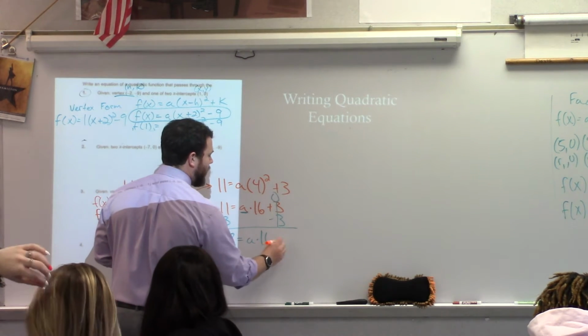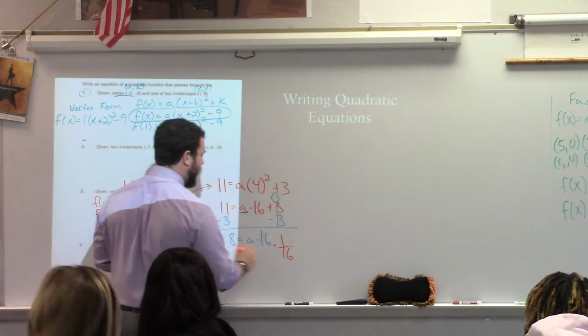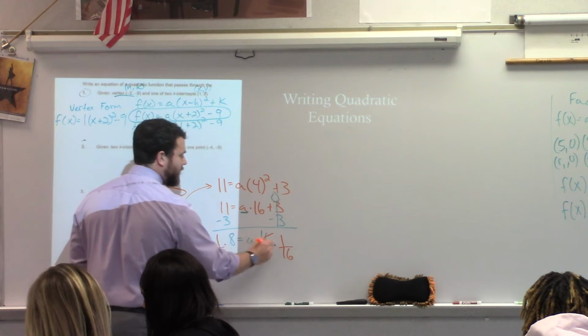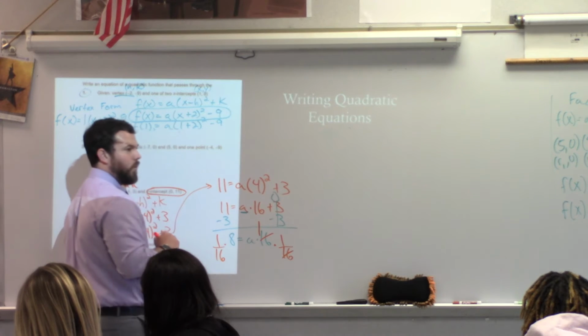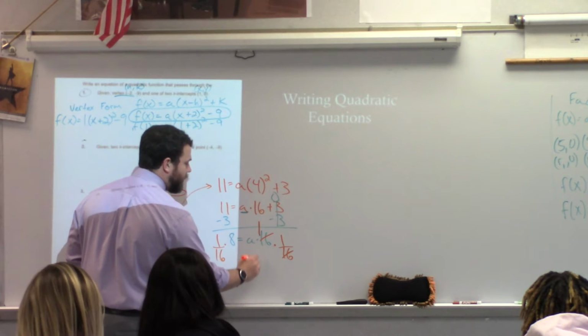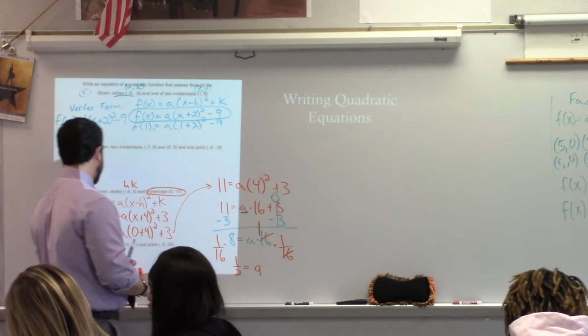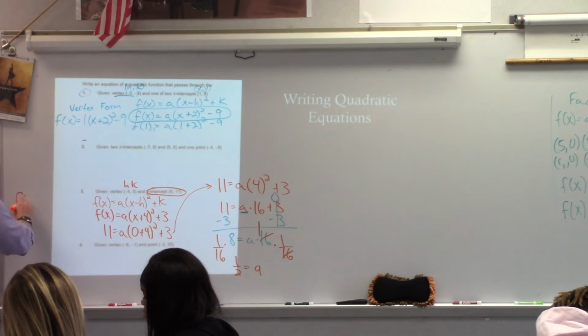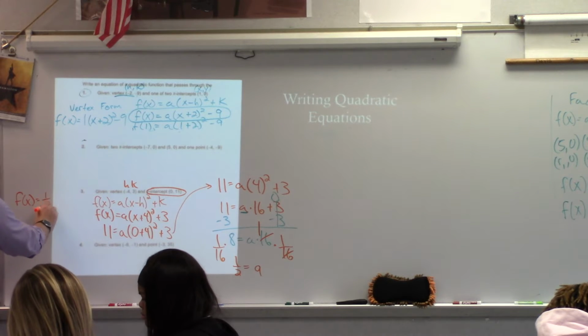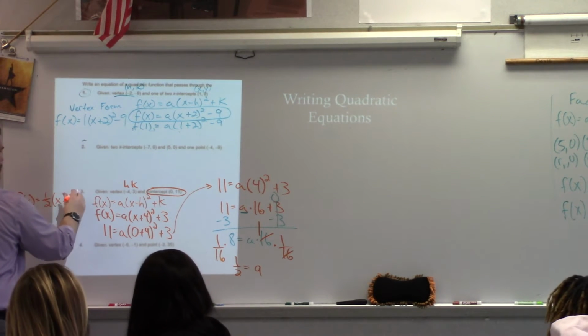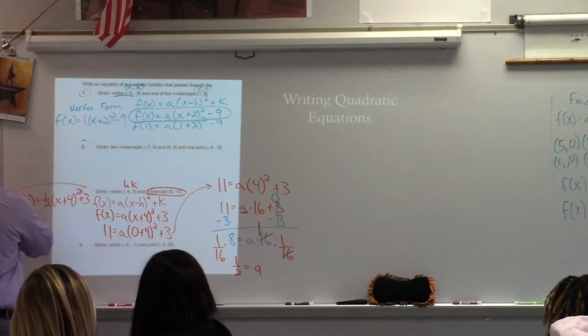So I'm going to use either division by 16, or I'm trying to get y'all to remember that reciprocal is important. Either way, 16 divided by 16 is 1. Show that step, because a times 1 is just a, is equal to 1/2. So your problem is f of x equals 1/2 times x plus 4 squared plus 3.